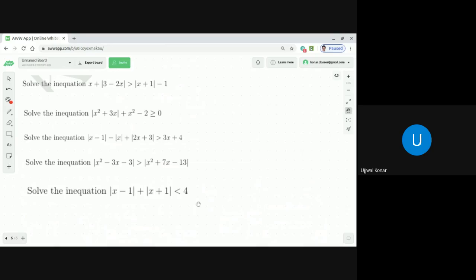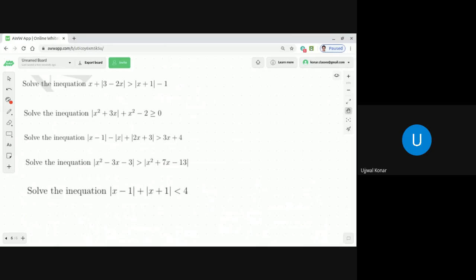Just apply whatever concept you have, and sometimes if you see something not exactly coming under the guidelines, then what conditions can you take? Mod of x where x is greater than 0, mod of x where x is less than 0, different cases you can take.